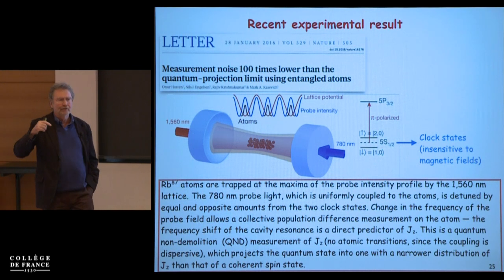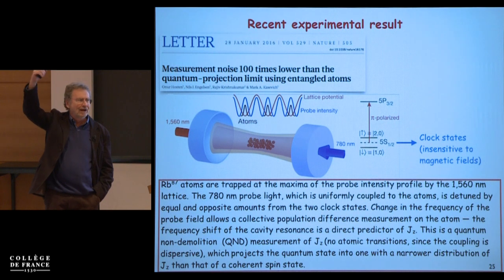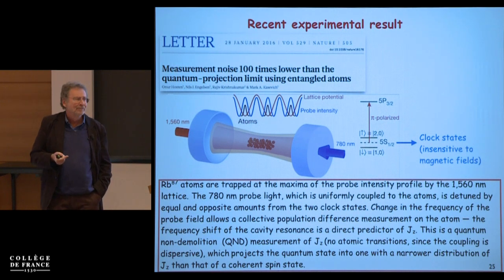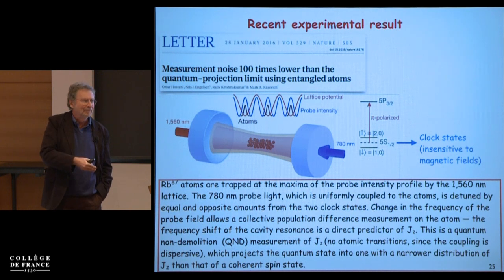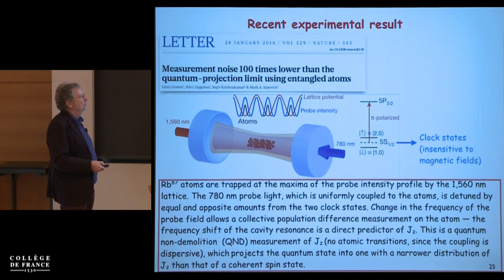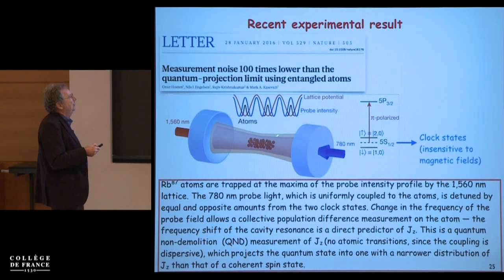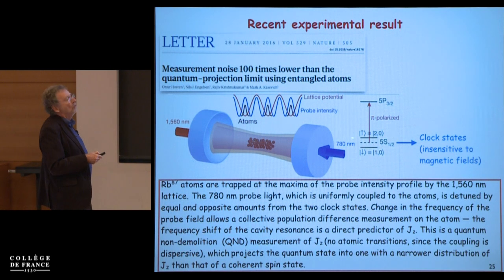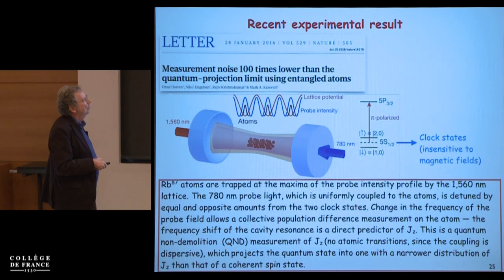Remember the first lecture, I defined to you this atomic angular momentum. In fact, I even used the angular momentum in an optical interferometer, because you can deal with an optical interferometer in terms of these Schwinger angular momentum operators. So you see, this is actually a quantum non-demolition measurement of the angular momentum of the atoms.